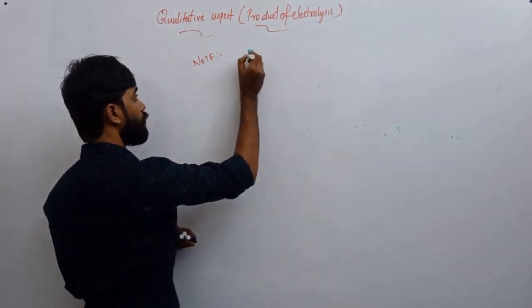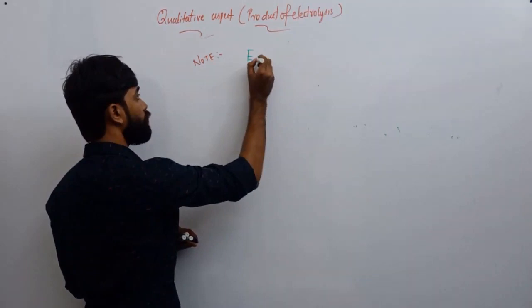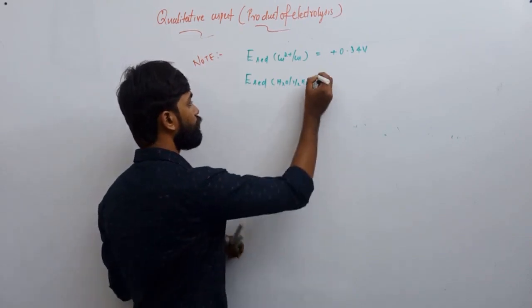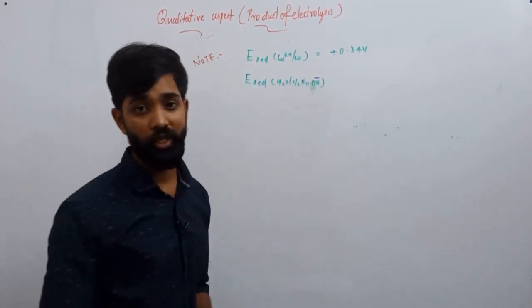Actually, the reduction: simply you have to mention H2O bar of H2, OH minus, which represents that H2O becomes hydrogen and OH minus.